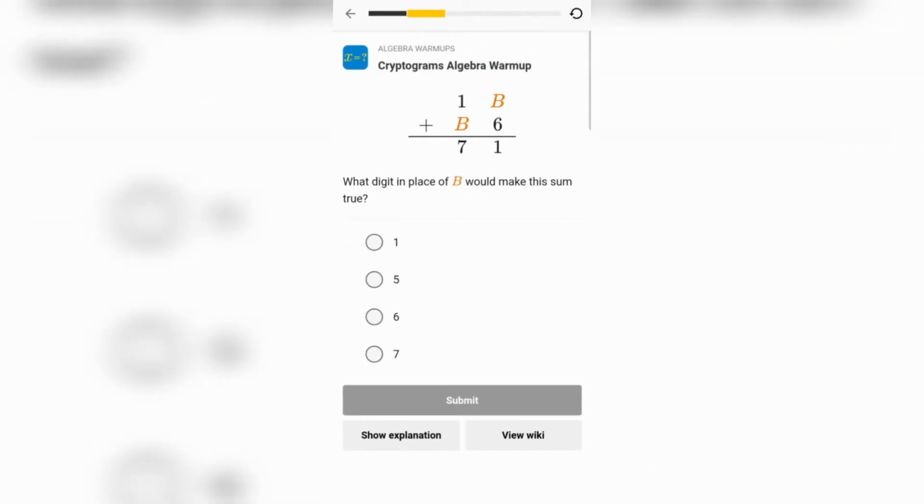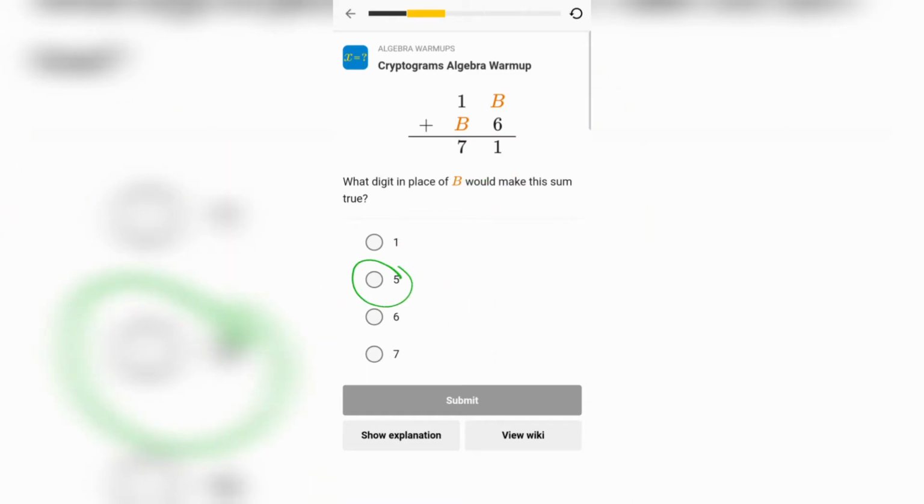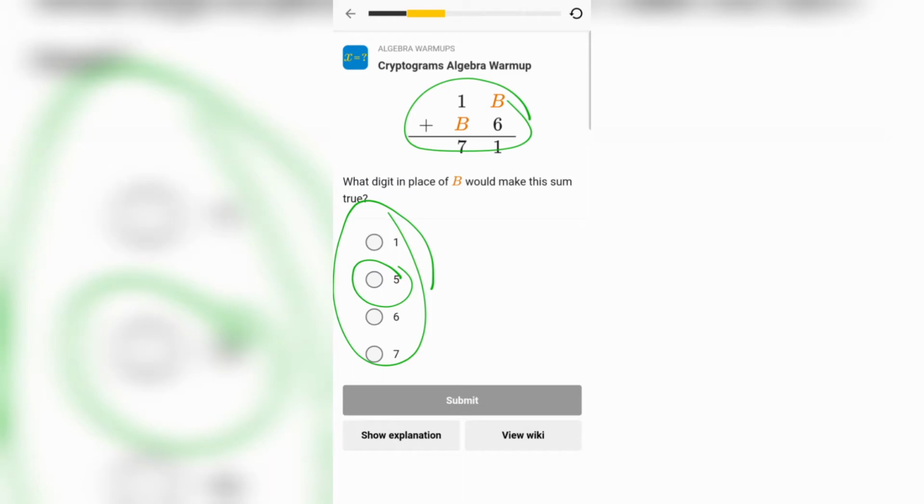Now let's move on. In the same rationale, we have 1B plus B6 equals 71. If we replace B with 1, we have 11 plus 16, which is 27. So it's not 71. That's not a valid one. Now, this is one approach, and probably not the best approach, taking from the multiple choices and replacing it here.